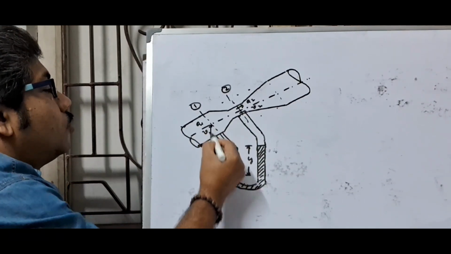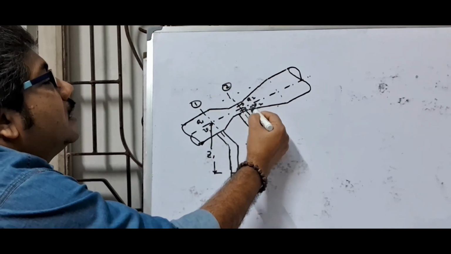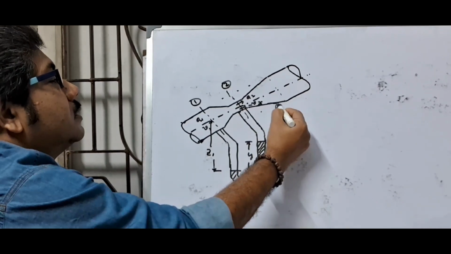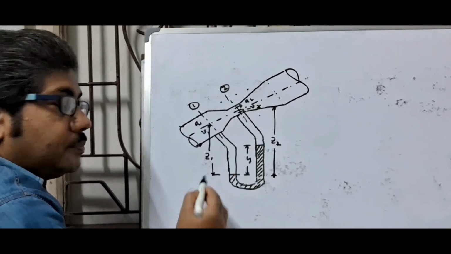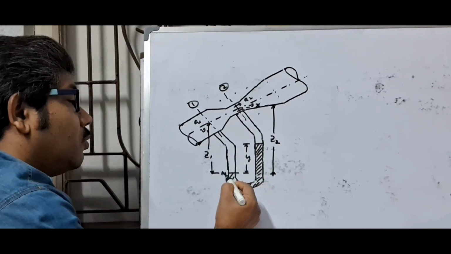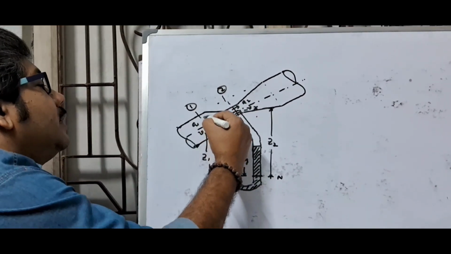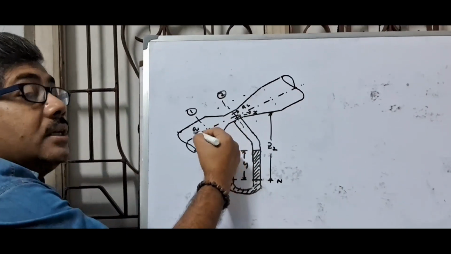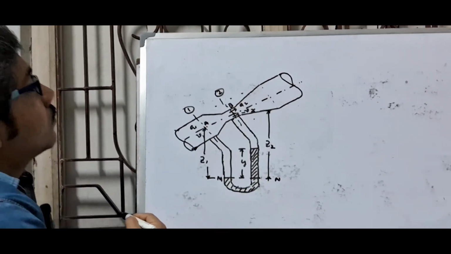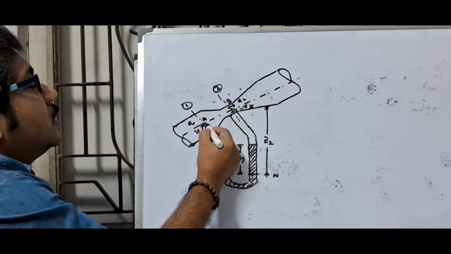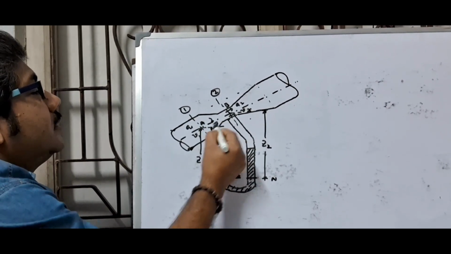This is potential head Z1 at 1 section, and here this is Z2 potential head at 2 section, and consider this point M and at the same level this point N. At the beginning of the converging portion, this is point A, and at the throat this is point B. And consider the Venturimeter is inclined at angle theta.